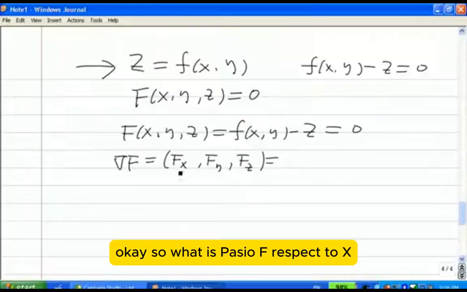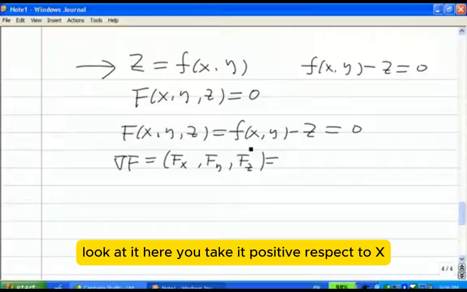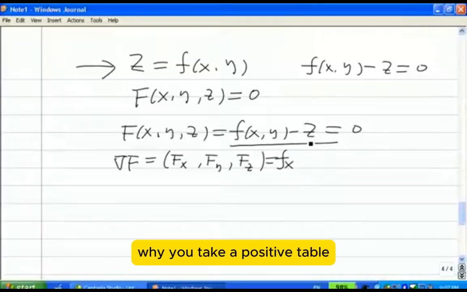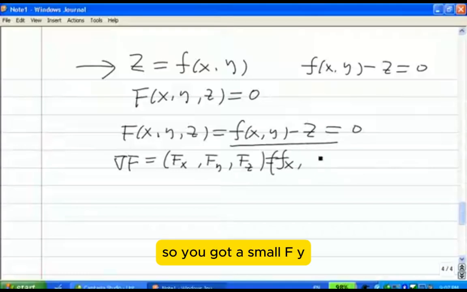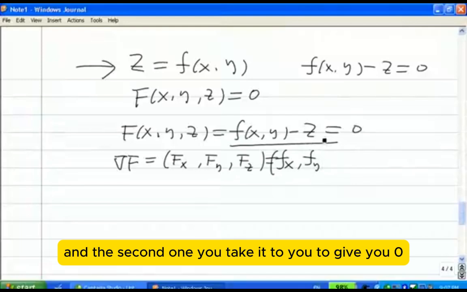So what is partial F with respect to x? Look at it here. You take a partial derivative with respect to x, so that gives you fx. For the second term, z, there's no x. When you take a partial derivative with respect to x, you treat y and z as constants. And the partial of capital F with respect to y, you get a small fy, and the second term gives you 0.